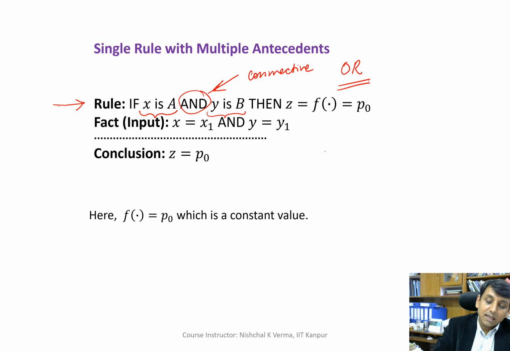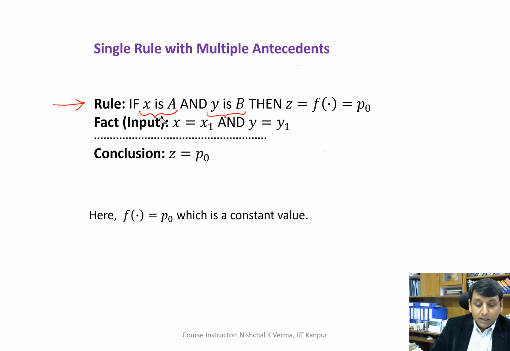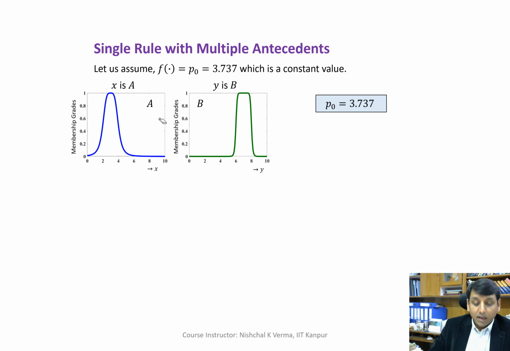So here in this case we have the AND connective. Since we have two antecedents, obviously we have two input generic variables X and Y. Now we are applying this input and we are interested in finding the corresponding output. Let's see how to proceed.